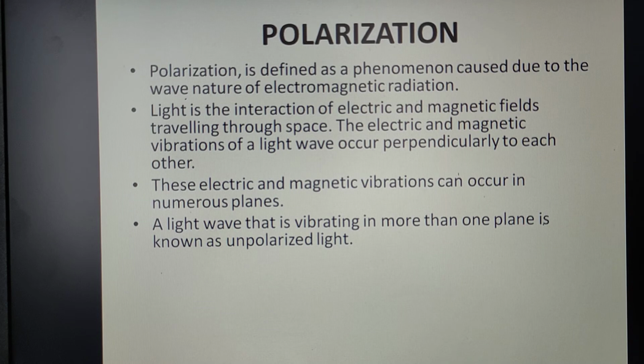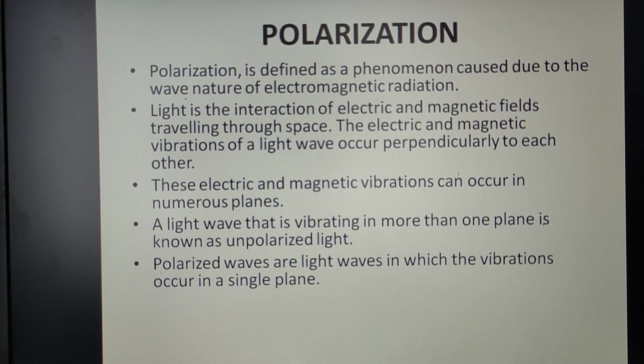A light wave that is vibrating in more than one plane is known as unpolarized light, because it's free, nothing to guide it. So obviously it's unpolarized light. Polarized waves are light waves in which vibrations occur in a single plane. When there is something that is able to guide it, to make it move in one plane, then we say that that particular light is polarized.